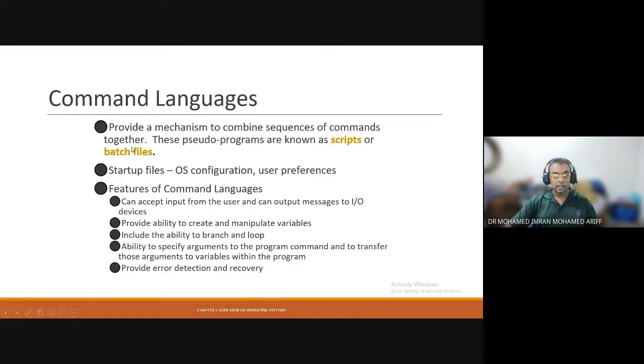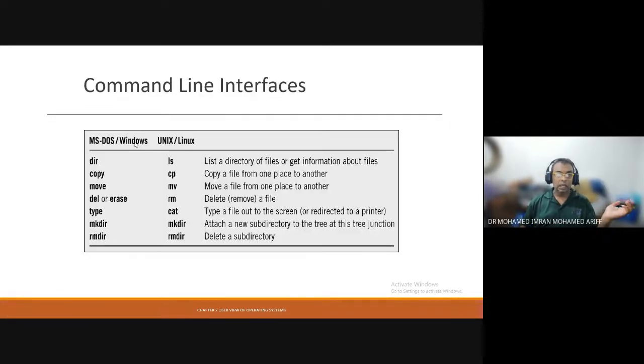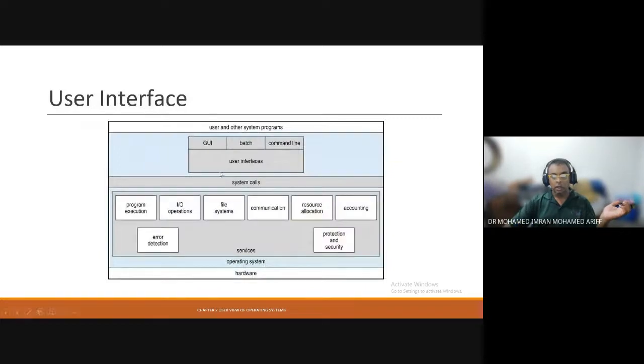The examples which I've given you just now are known as scripts. So these scripts will actually call the system call. Let's say type a command to rm make directory. It's a system call which will call one of these services.